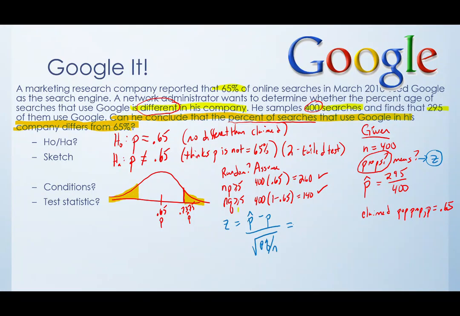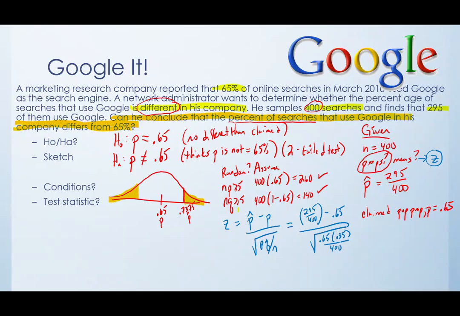So this becomes plug and chug. My p-hat was 295 over 400 minus our claimed population proportion, 0.65, divided by the square root of 0.65 times 0.35 over our sample size, 400.